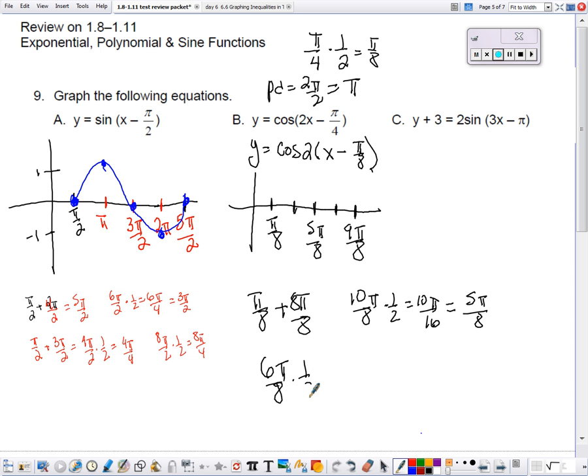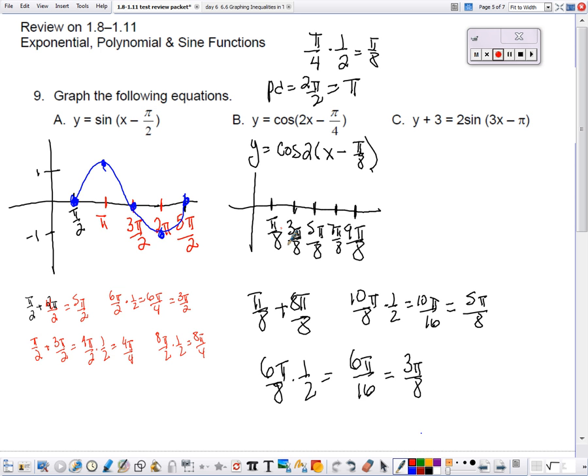Then I need the middle, so that's 6 pi over 16, which is 3 pi over 8. Then I notice a pattern, 1, 3, 5, so this one here is going to be 7 pi over 8. And now I see 1, 3, 5, 7, 9.